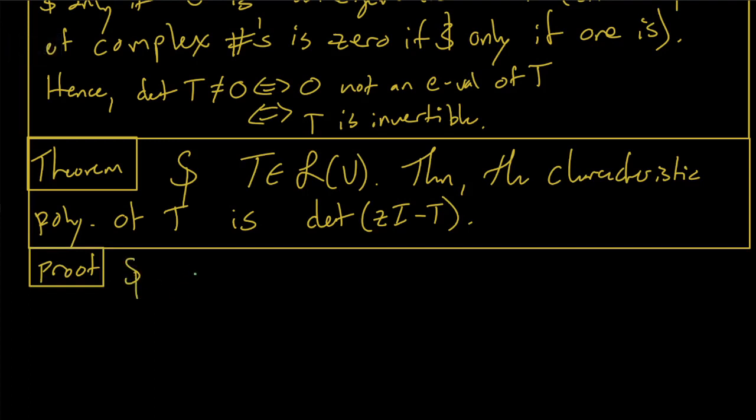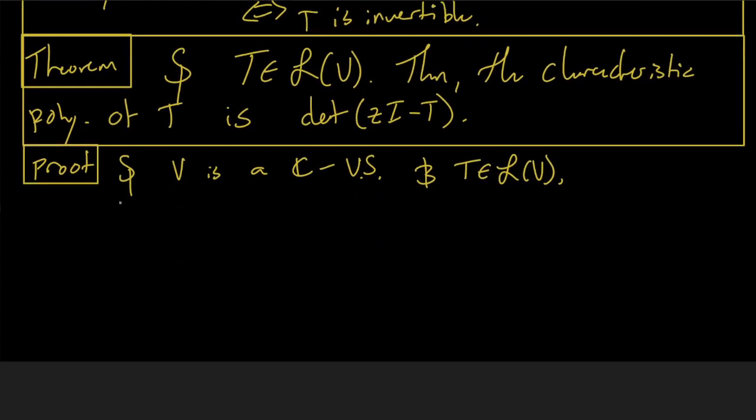So, just to be clear, we're supposing that V is a complex vector space and T is in L(V). If it's not, we're going to do the real version. I will say that at the end, but let's just skip that piece at first. So here's the chain of reasoning.